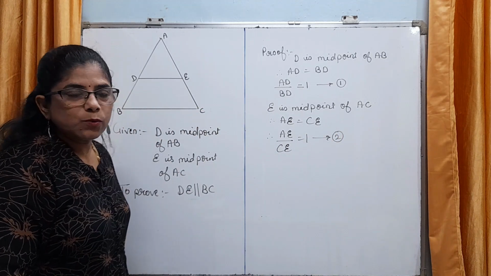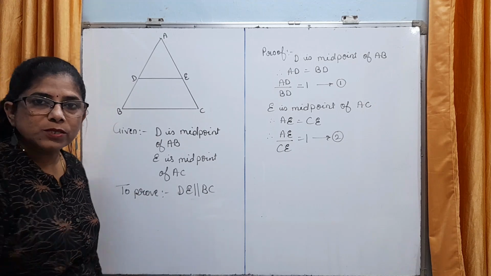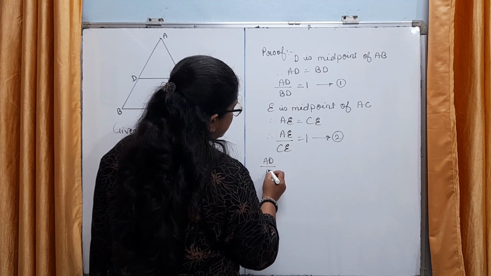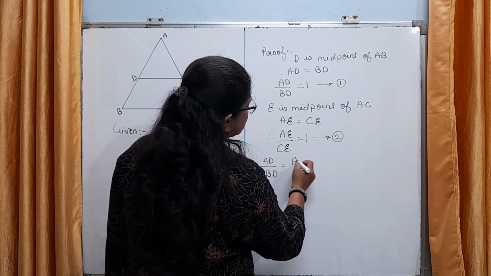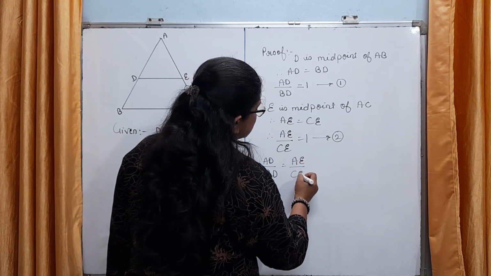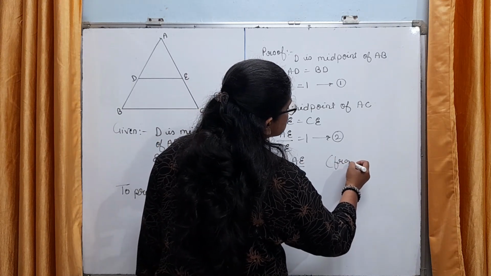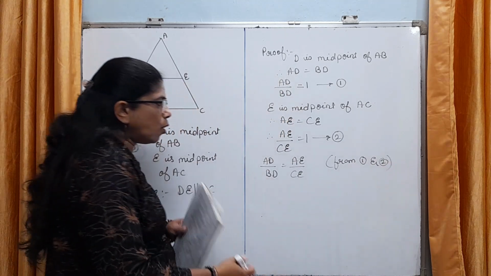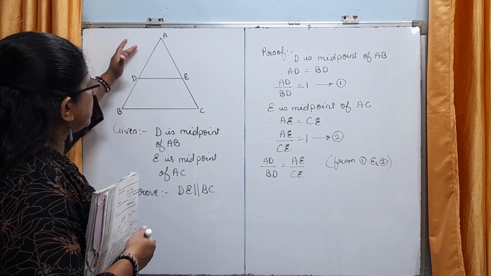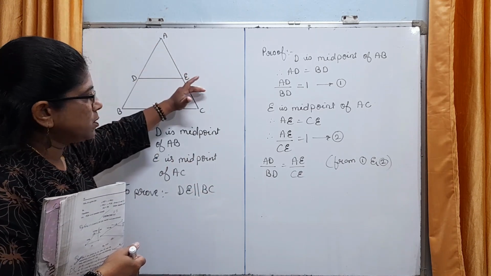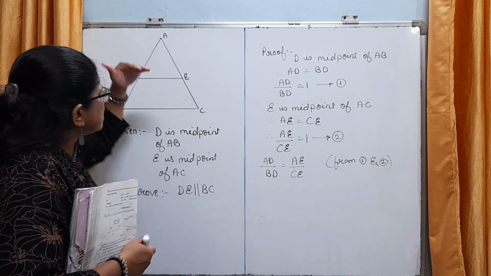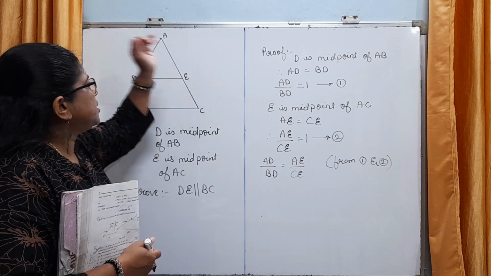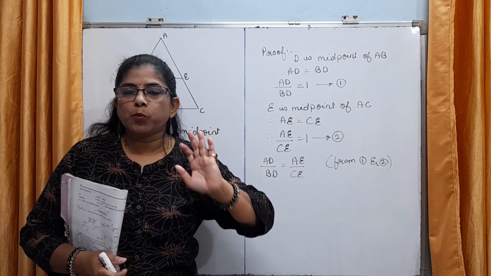Now AD upon BD is equal to 1, AE upon CE is also equal to 1. So from 1 and 2 what we get? We get AD upon BD is equal to AE upon CE. Now what can we conclude from this? It means this line DE is dividing the sides of the triangle, that is AB and AC, in the same proportion.